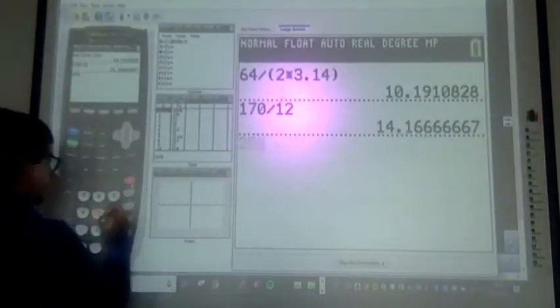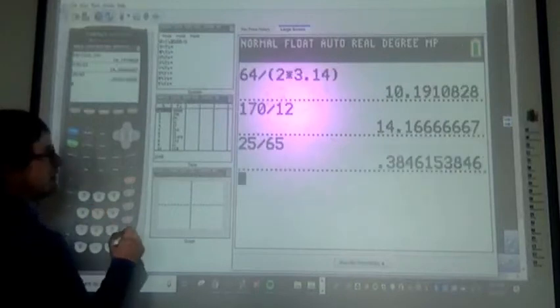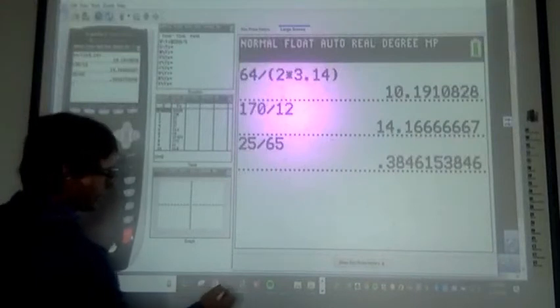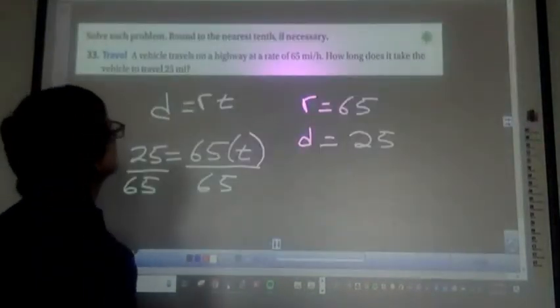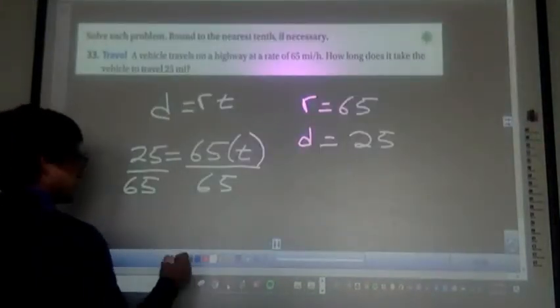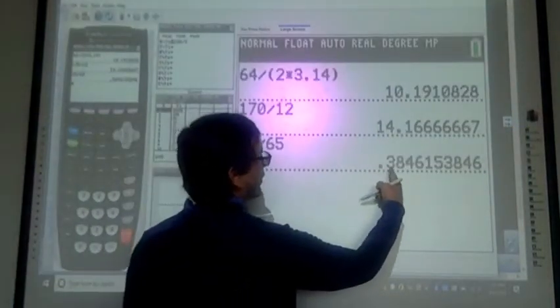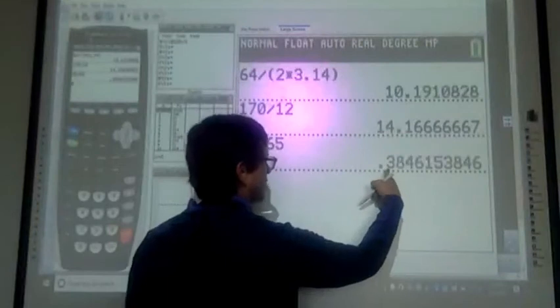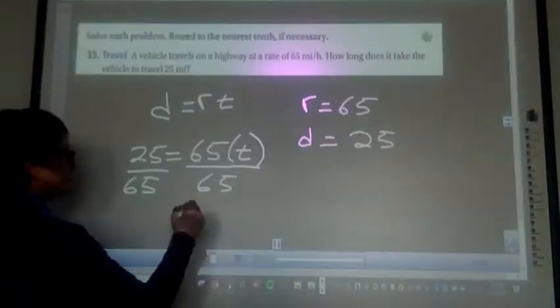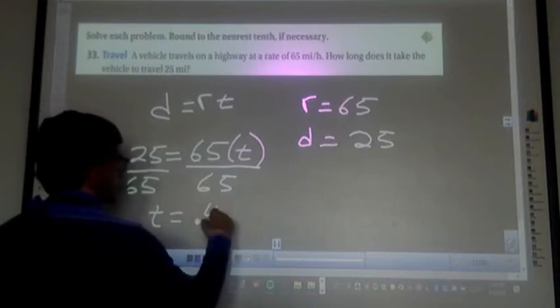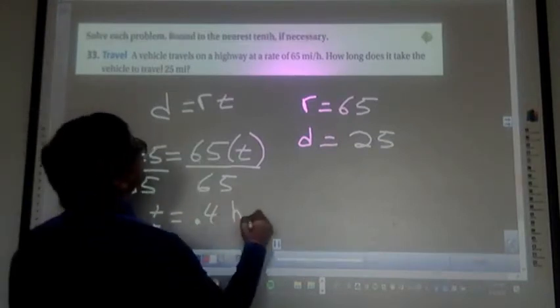So 25 divided by 65 is 0.38. And I think they wanted us to round to tenths. Yeah, round to tenths. So 0.39, or they said tenths, so 0.4 is what I meant to say. So time equals 0.4 hours.